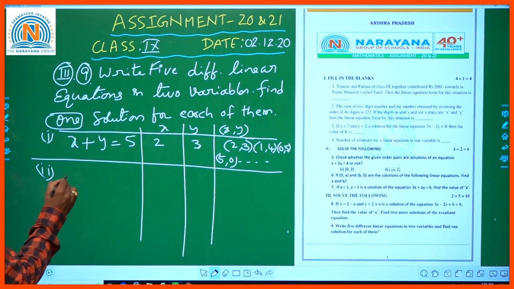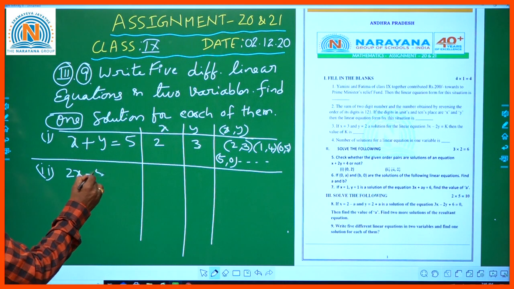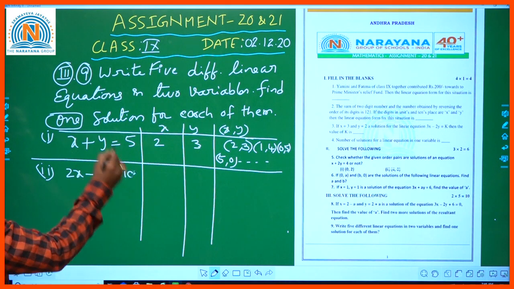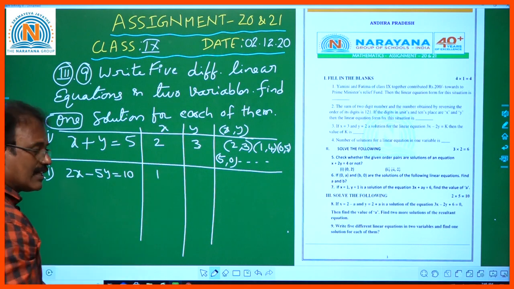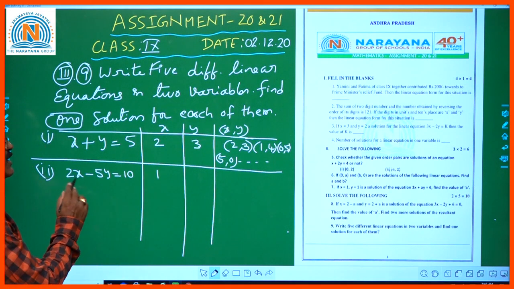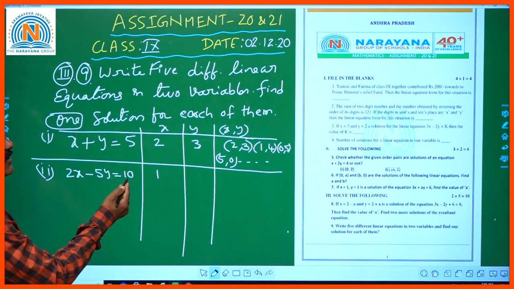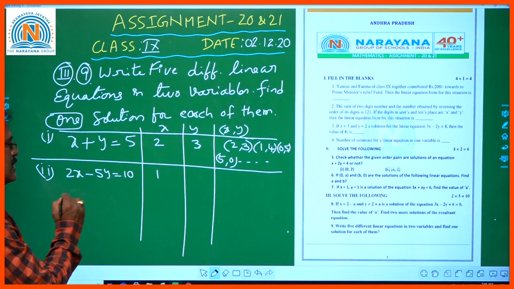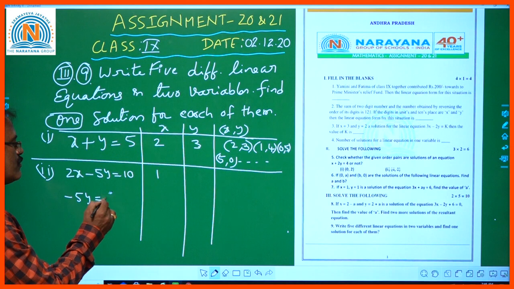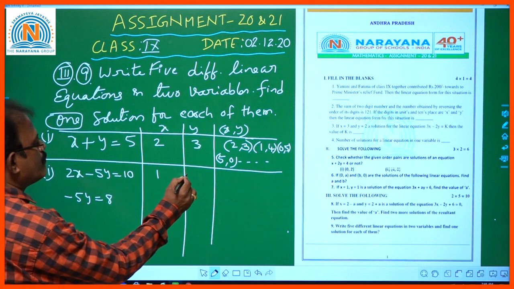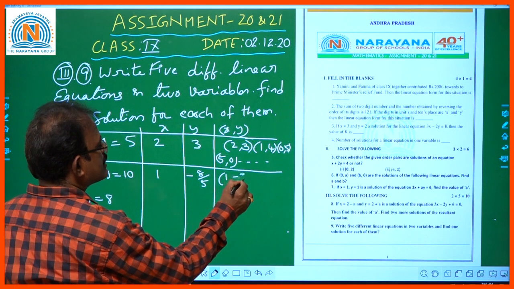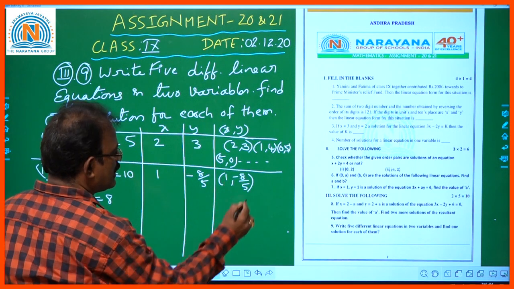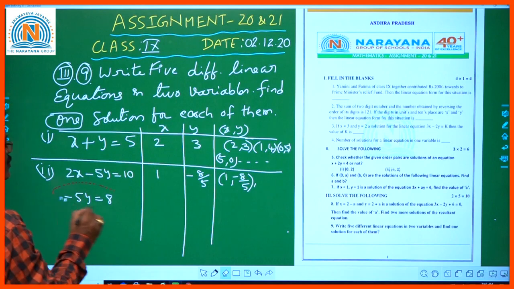Second, 2x minus 5y is equal to 10. Your wish. If you want to take x is equal to 1, correspondingly 2 ones are 2, 2 minus 10, so 10 minus 2 is 8, minus 5y is equal to 8. So y is equal to minus 8 by 5. So 1 comma minus 8 by 5, one of our solutions.